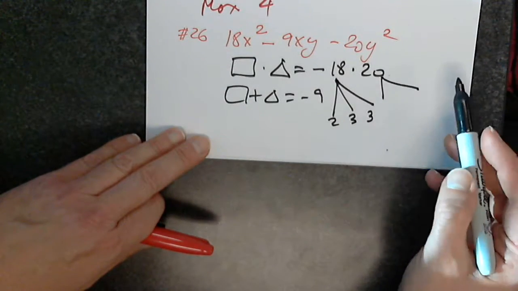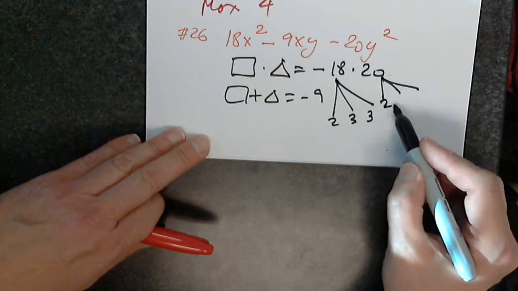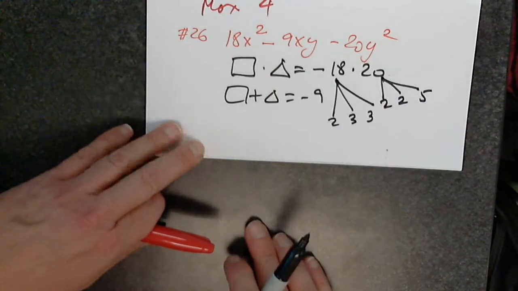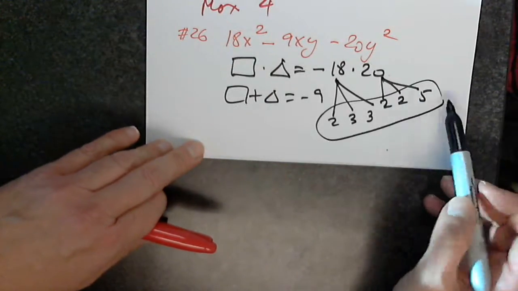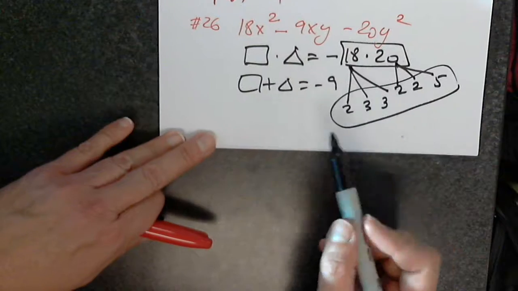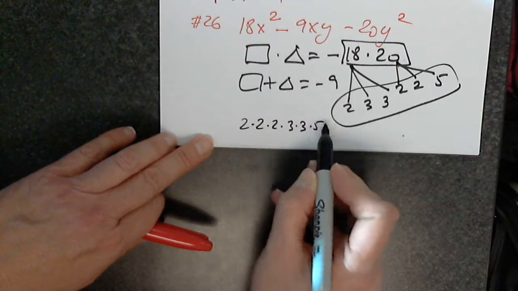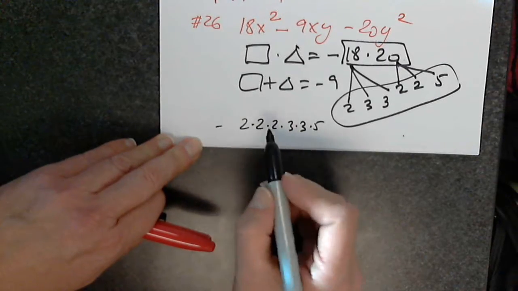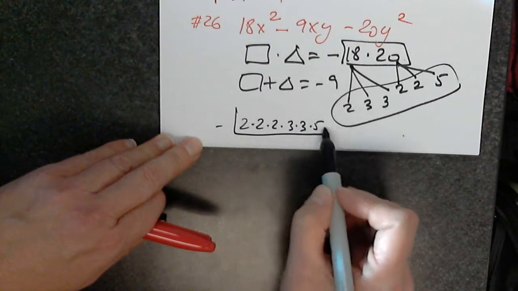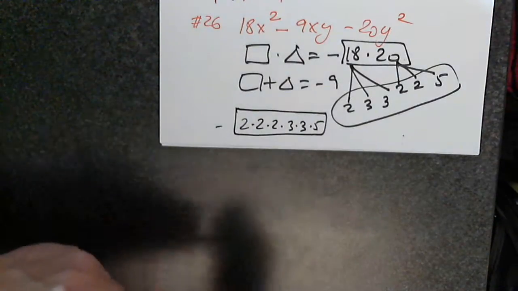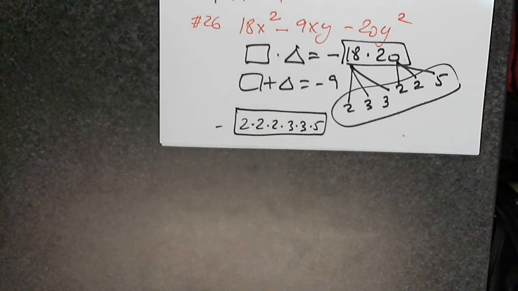I know 20 is 2 times 10, which is 2 times 2 times 5. So now these are all factors in this product: 2, 2, 2, 3, 3, 5. Of course, negative. But I need to use all these factors to come up with two numbers whose product is the whole thing and whose sum is negative 9.